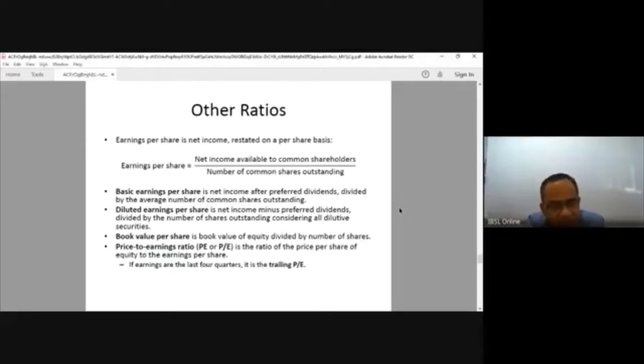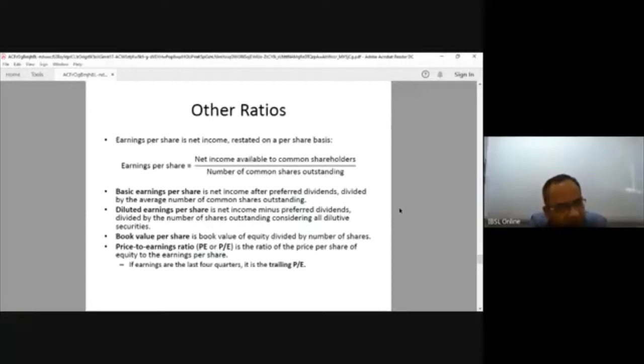The net income available for common shareholders divided by the number of shares outstanding, that means the number of shares in issue, the total shares held by the shareholders, gives you the earning per share. We normally call it EPS.